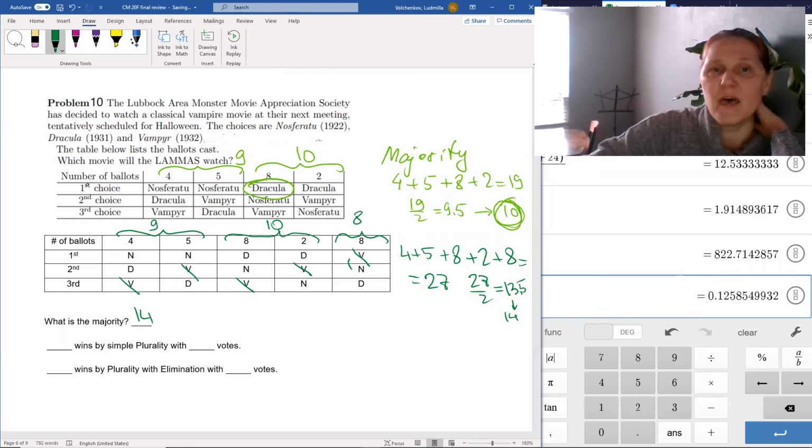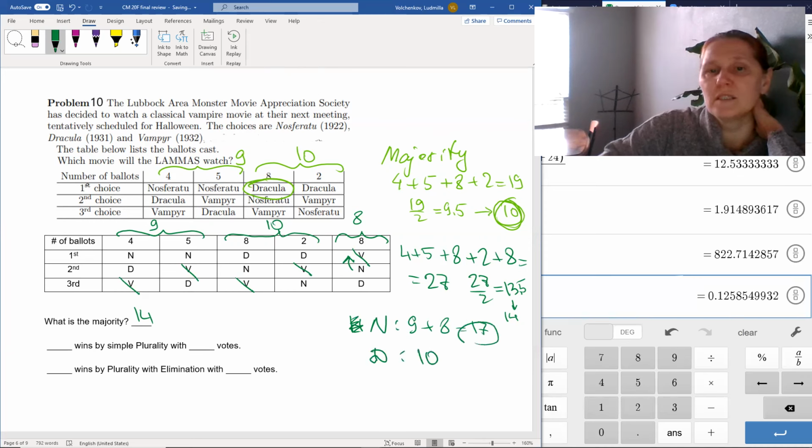Then N moves up to the first place. And on the second step, N has 9 plus 8, 17 votes. D has still 10 votes, so N with 17 votes wins by plurality with elimination. Okay, let us fill out the answer boxes.